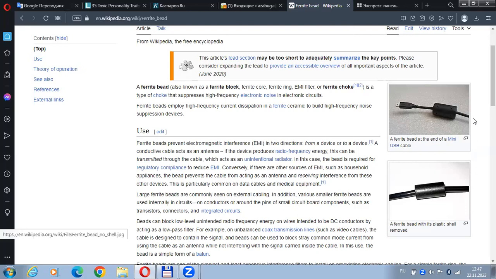As you can see on the right side of the screen, there is a black cylinder on a wire.